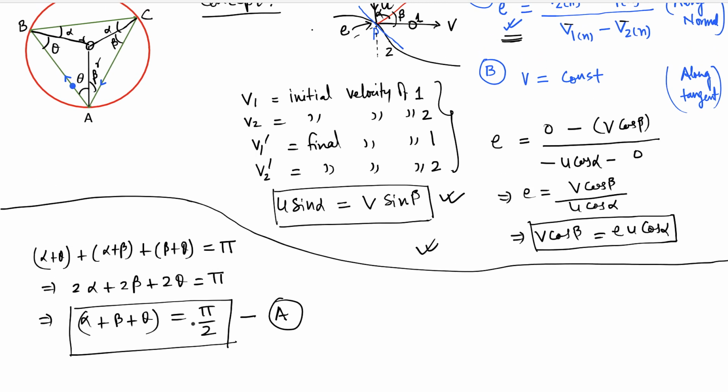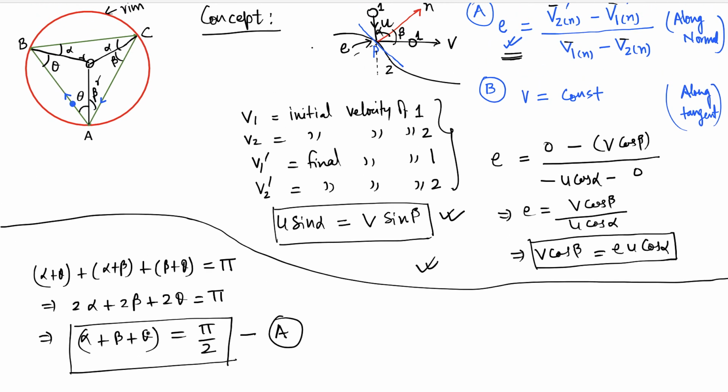Now let's consider point B. Let's say this is u and this is v, the final velocity. Using this equation, we can write E as, let's say the table is the second object and the ball is the first object.